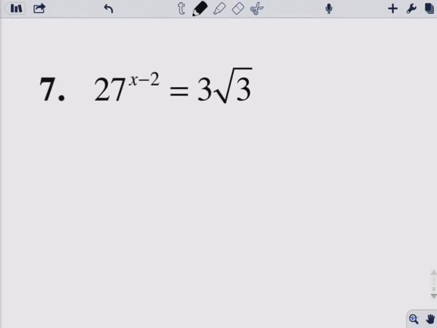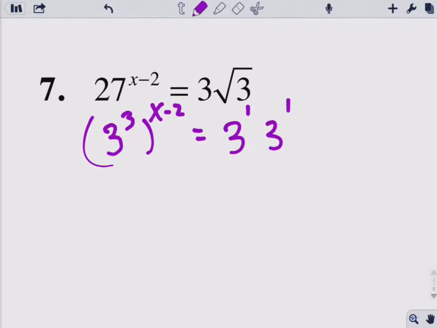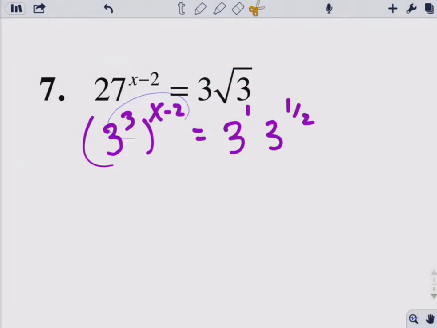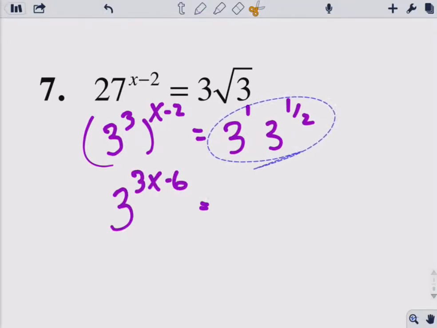Okay, so 27, 3 root 3. A base of 3 will work. So I've got 3 cubed is 27, to the x minus 2. That's 3 to the first times 3 to the 1/2. So I'm going to deal with my power to power. I'd multiply those powers. Remember, distribute it. And then I've got like bases, so I add the exponents. 1 plus 1/2 is 1.5.